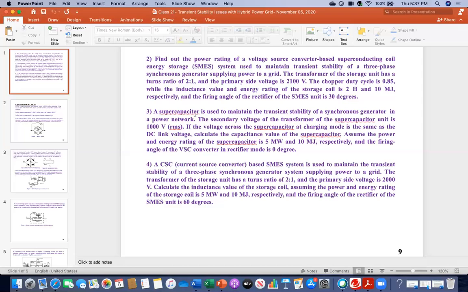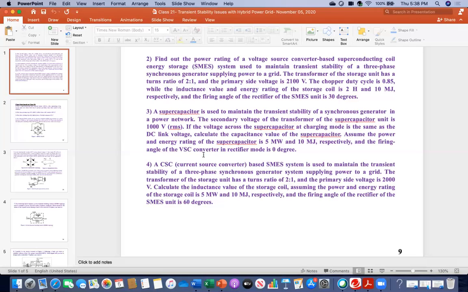In this case, because the supercapacitor is maintaining transient stability of the synchronous generator, you can assume that for the transformer mentioned in the second line, the primary side is connected to the generator terminal point, and the secondary side has that 1000 volt RMS. Therefore, everybody, this means this is by default the line-to-line voltage, RMS line-to-line voltage. That is the meaning.